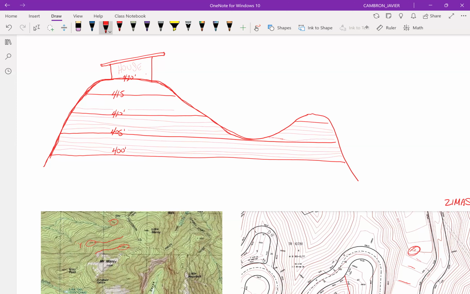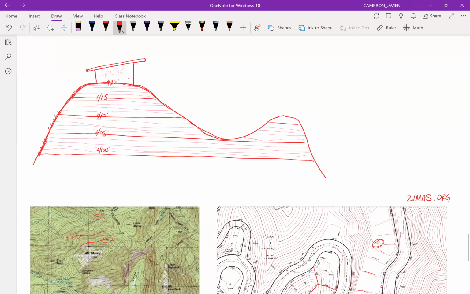If we just showed 5-foot increments, a lot can happen within 5 feet. So we would think of this as slicing the land every 1 foot. Right there, right there, right there, and so on.